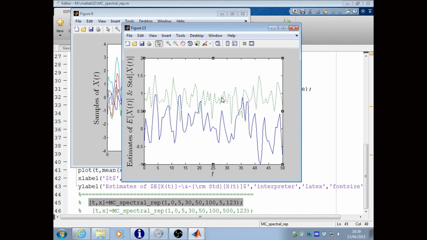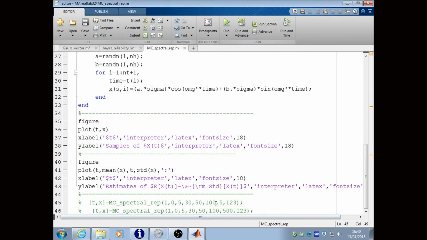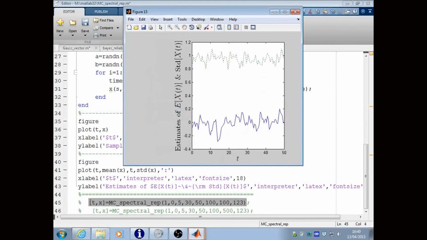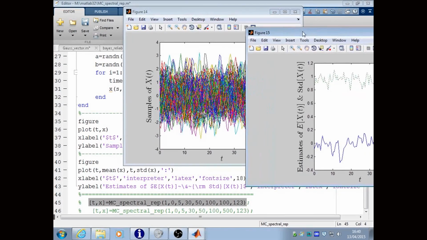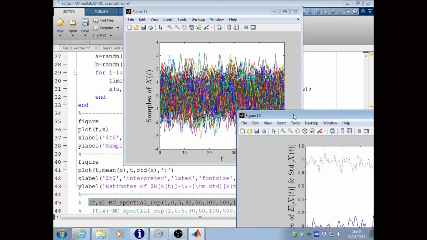Very few samples, right? So let's increase the sample size to 100. Of course, you cannot see much in here. It's just a cloud of samples.